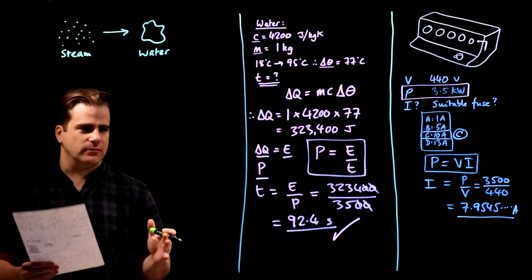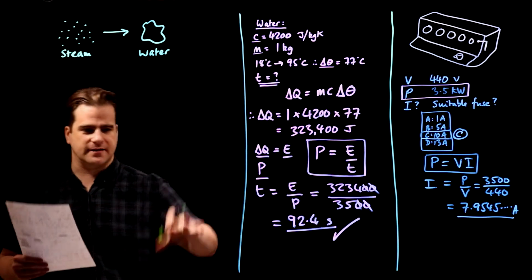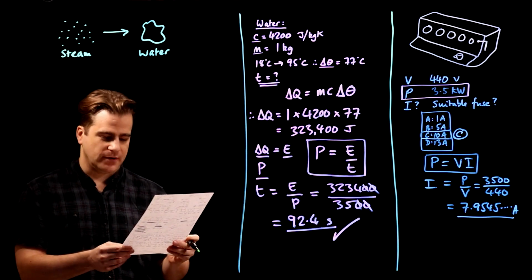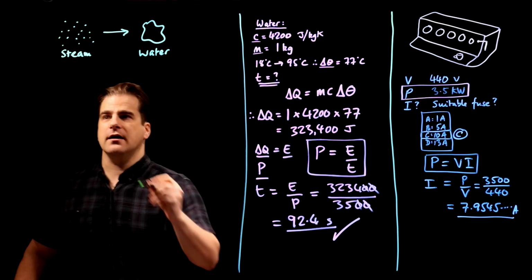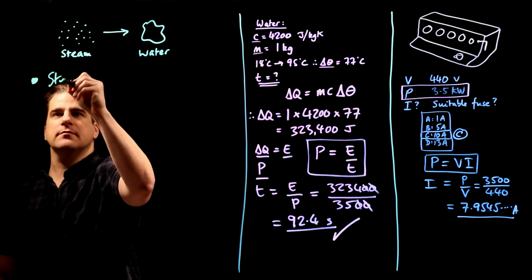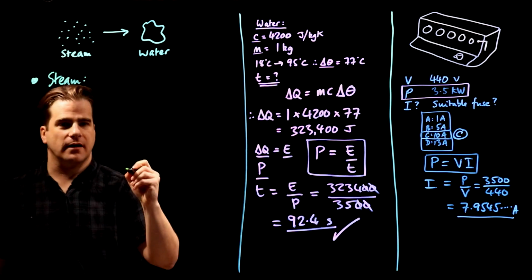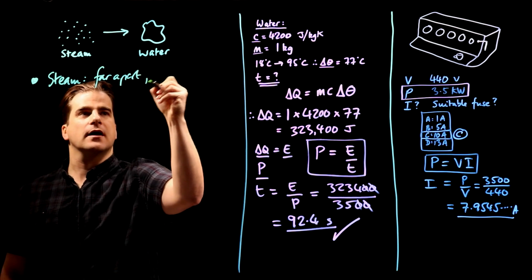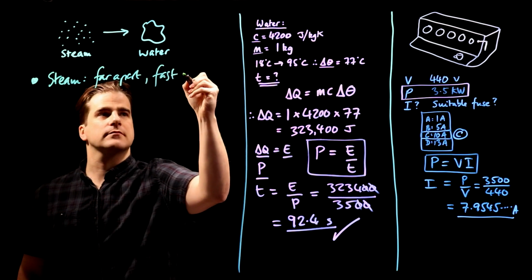Okay, we could say a lot more than 2 marks here, but I'll just list everything that's relevant, which will be more than 2, but you only need 2. Right, I think the first thing to say would be that in steam, the particles are far apart and fast moving.